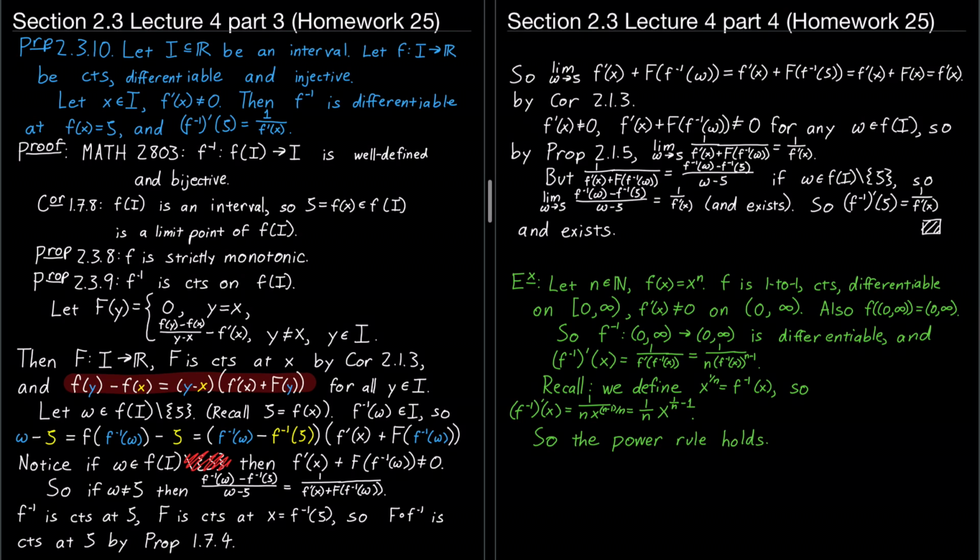And also notice that f inverse prime of 0 generally doesn't exist. If you remember how, say, the square root of the cube would work, generally you're going to have infinite slope at 0, so your derivative is not going to exist.